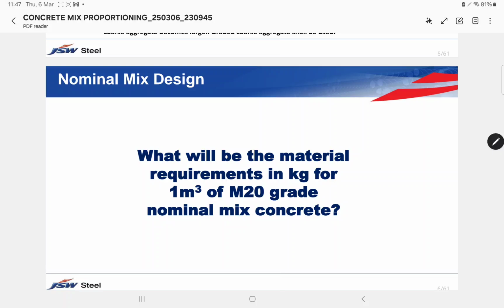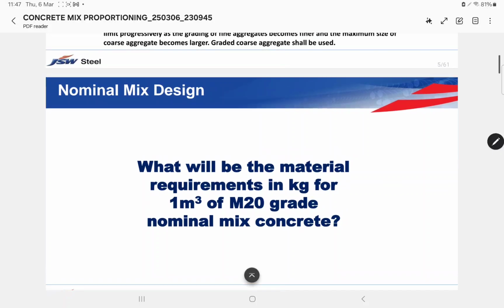Now in our earlier calculations, we found out that for M20, my cement is 50 kg. My fine aggregate content, considering 20 aggregate, was 83. Coarse aggregate was 167.